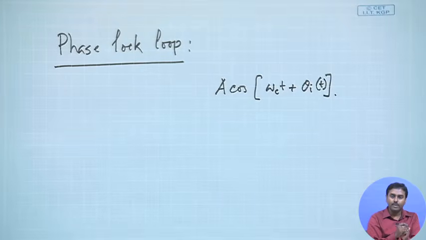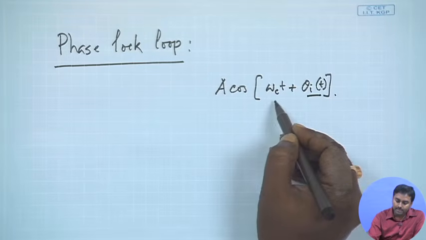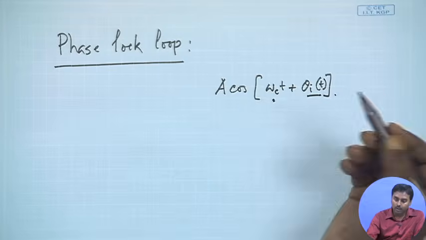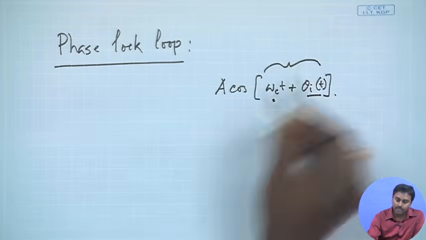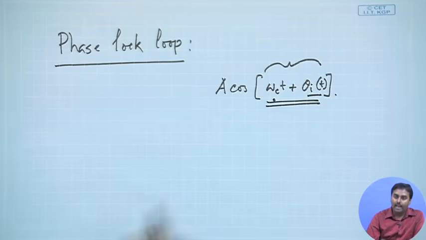We can say this is actually the time varying overall phase of that cosinusoid, and we want to lock this overall phase. That is our target. Within this there are two constituent parts, one is the frequency, another one is the phase.